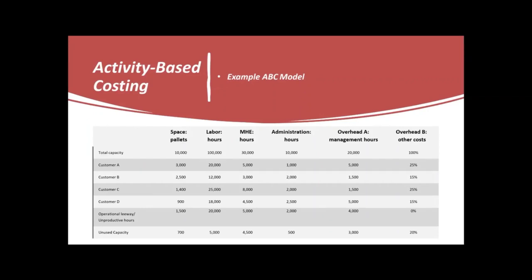Those hours can be further broken down into individual activities within the warehouse and the cost allocated by customer. These costs then can be compared to actual charges levied to the customer and any shortfall examined. Having calculated all of these, we're also able to see the amount of unused capacity within the warehouse.